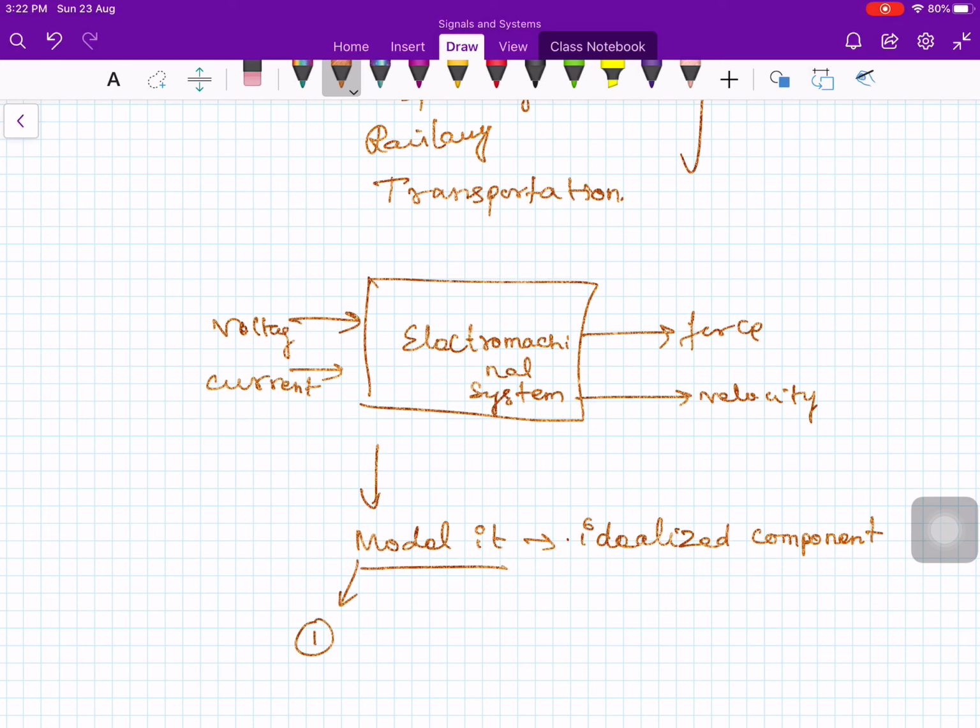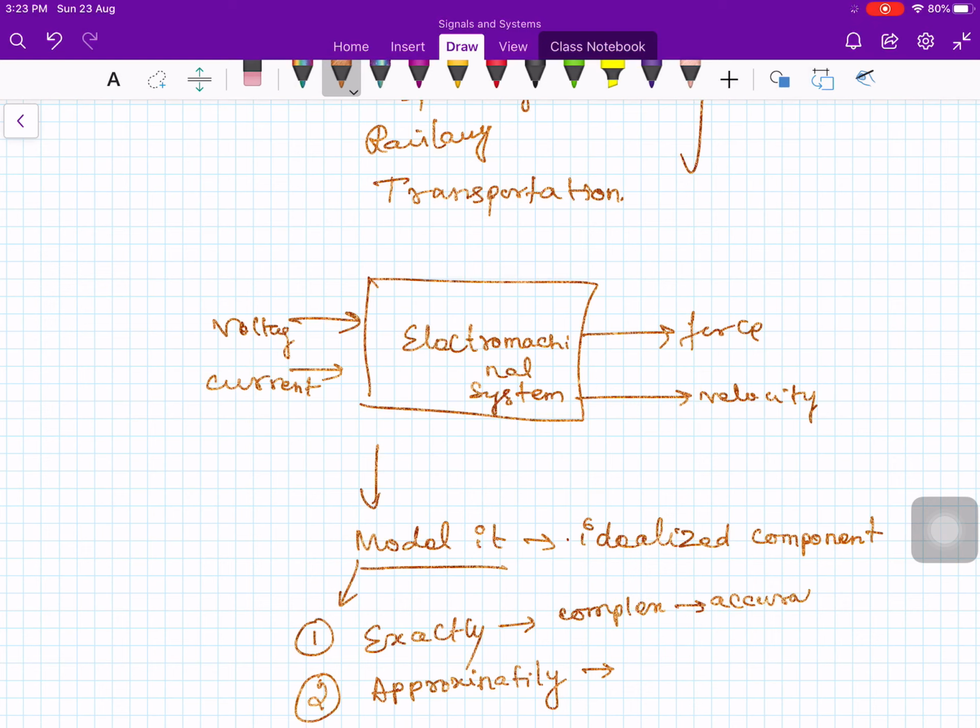So one is you can model exactly, and another one is you can model approximately. Each of them has its own pros and cons. If you try to model exactly, then the model will be very complex. If you try to model it approximately, the model will be very simple. But of course, even though it is complex, it gives an accurate result.